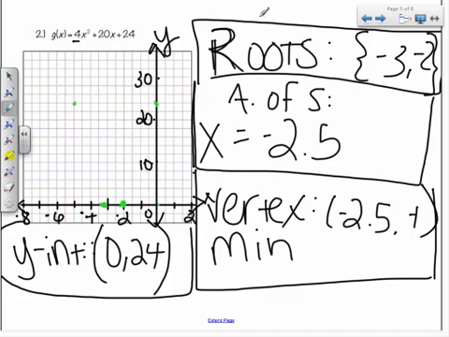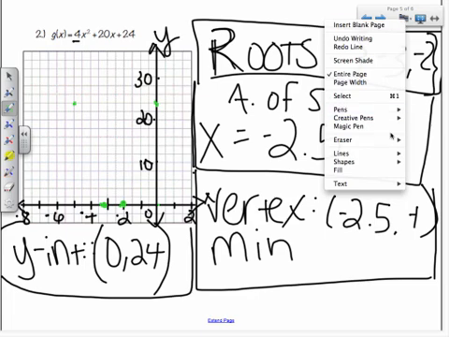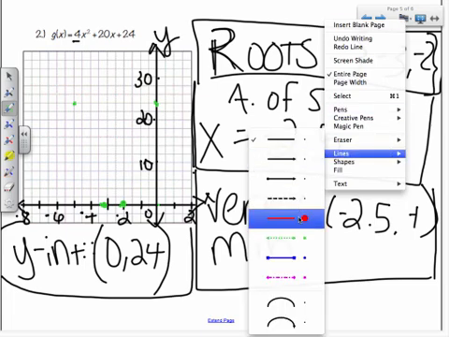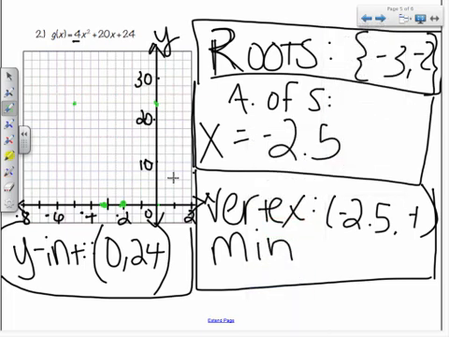And then second to last, I'm going to draw in my line of symmetry, which is at negative 2.5. So this is right here where my line of symmetry is going to be. Okay, and then I know that the vertex is at negative 2.5, negative 1, so it's going to be right here.